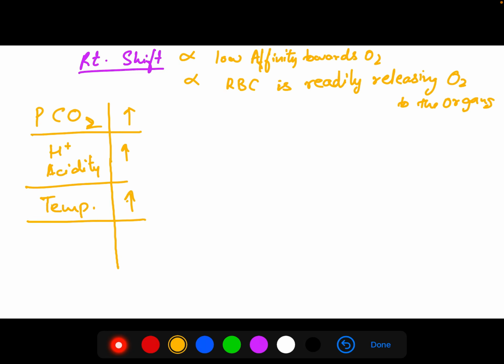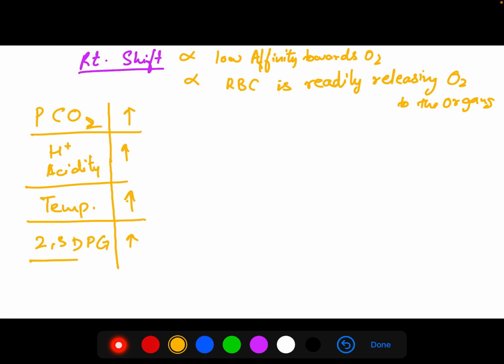And another one will be 2,3 DPG. Well, this is an organophosphate that is present inside our RBC, and whenever it increases in the cell, it decreases the affinity. You can remember it like that only.